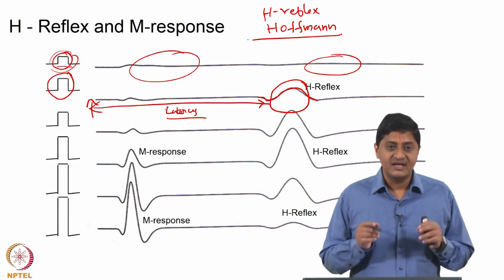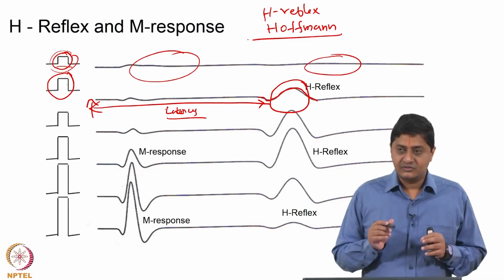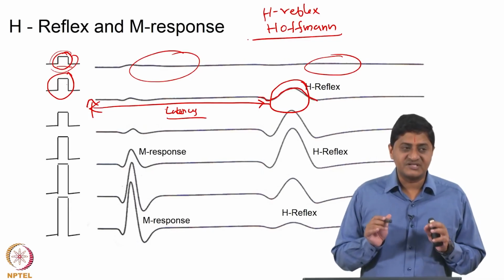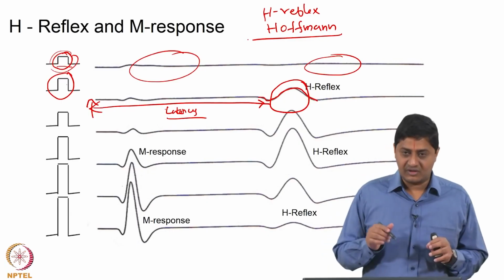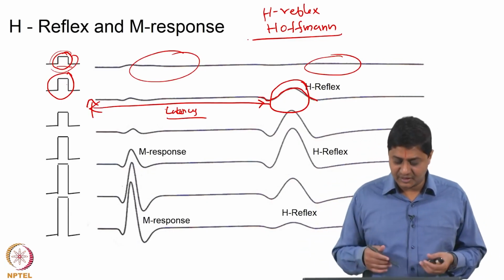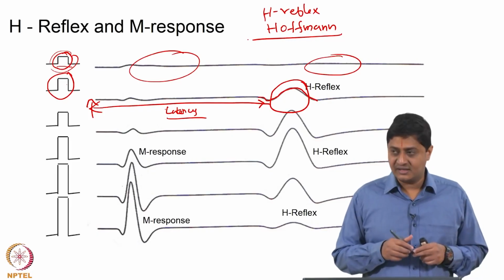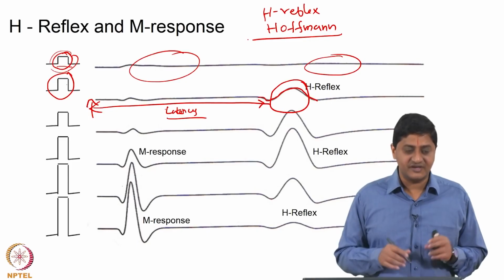H reflex means that reflex that is elicited through electrical stimulation of a muscle nerve. Monosynaptic one alone, because you will soon see what happens later on. There are other things that come into the picture. The monosynaptic one that involves activation of the 1A afferents is called the H reflex.